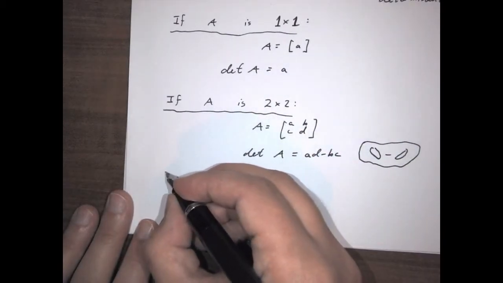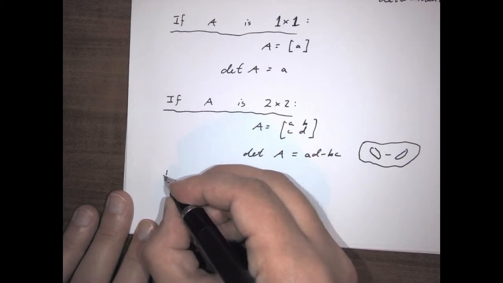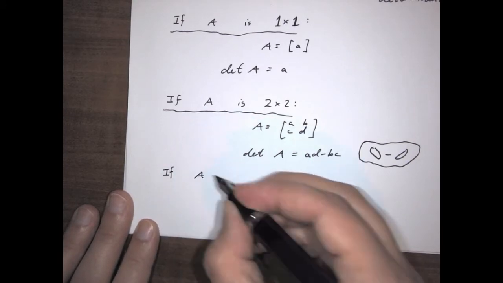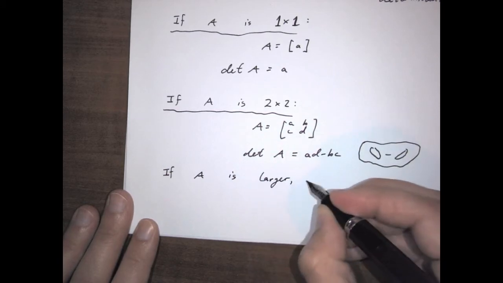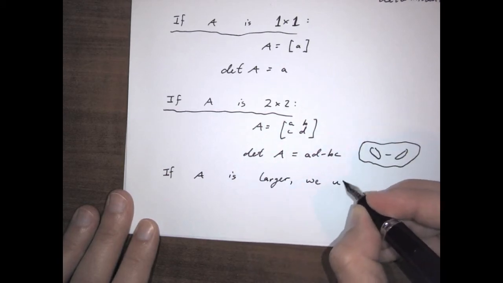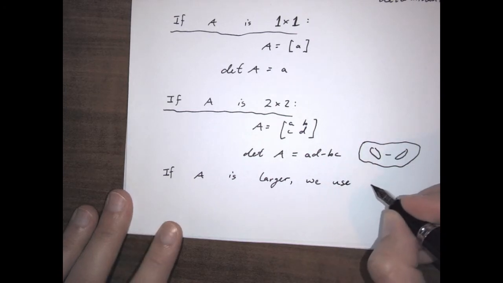Okay, now if A is any bigger than that, if it's 3 by 3, 4 by 4, etc., then we need some more notation. We use what is called cofactor expansion.